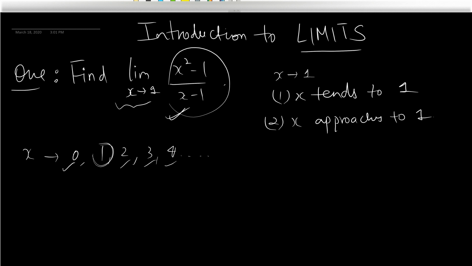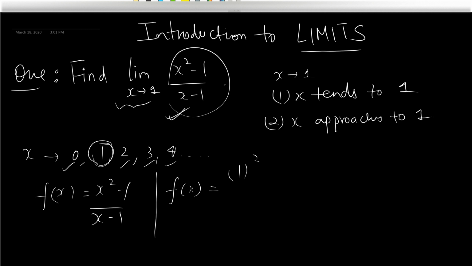Alright, why it is not defined at 1 is because if you put x equals to 1 in this function, let us call f of x equals to x square minus 1 upon x minus 1, and let us put x equals to 1 here. So f of x would be 1 square minus 1 upon 1 minus 1. It would be 0 divided by 0 form.